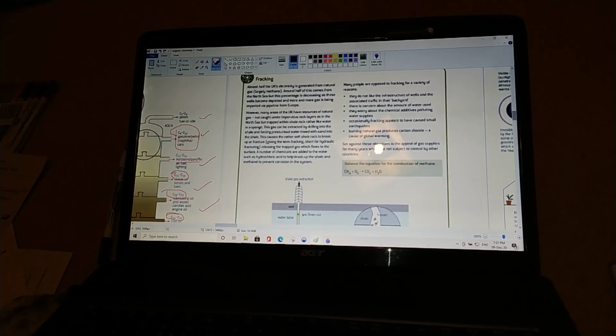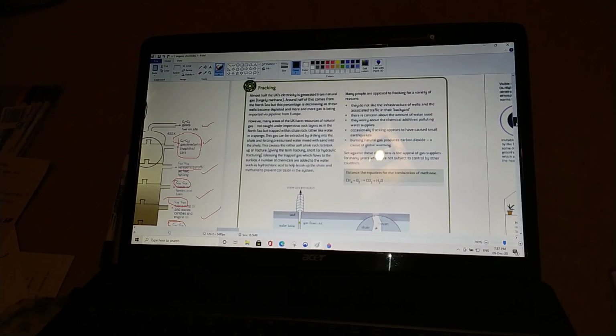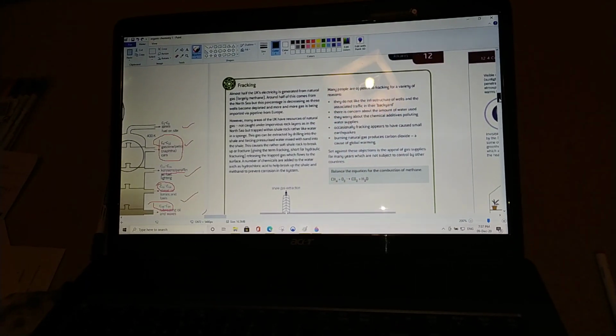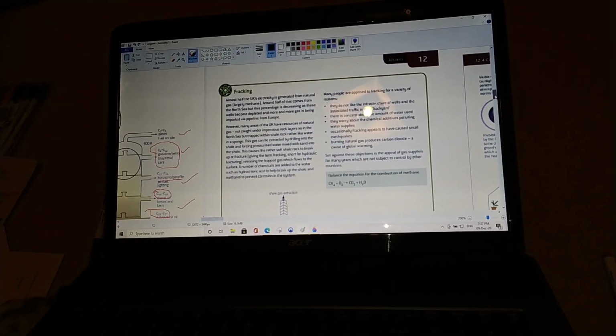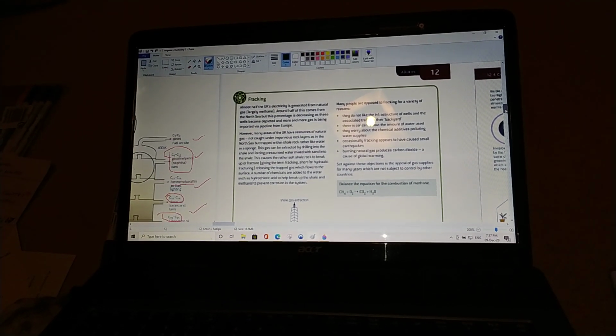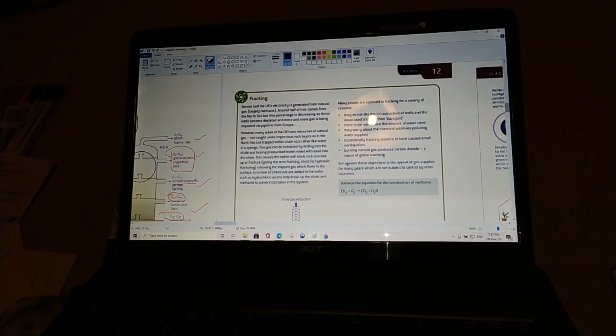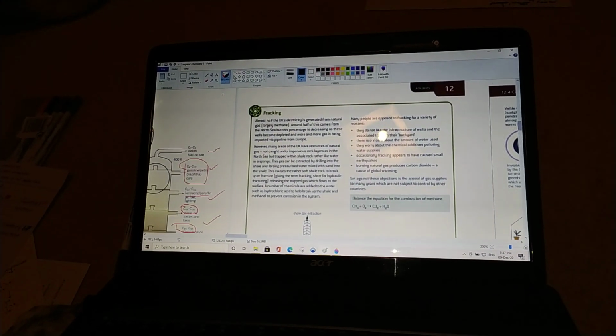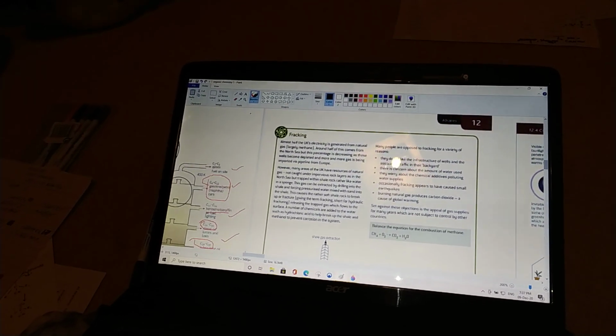Which brings us to the point of what is fracking. These are the various points of fractional distillation at which we obtain the following products.